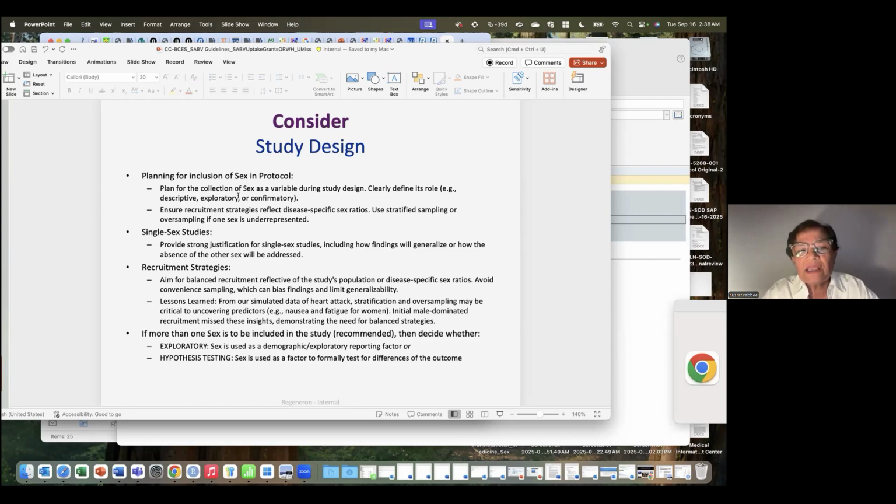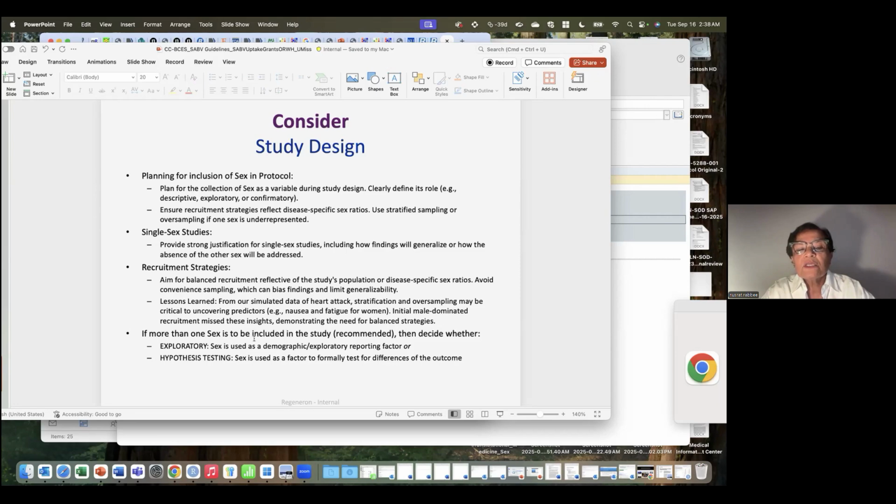But if you don't have a strategy, then you are left with, for example, convenience sampling in an observational study. Single-sex studies are okay, as long as you have a justification for doing it that way. So recruitment strategies aim for a balanced recruitment, and it should reflect your study population, essentially.